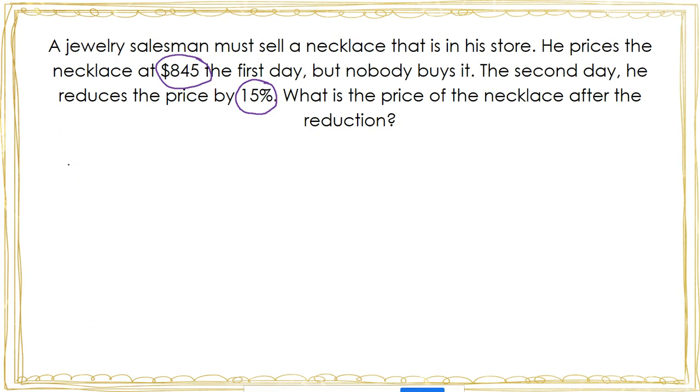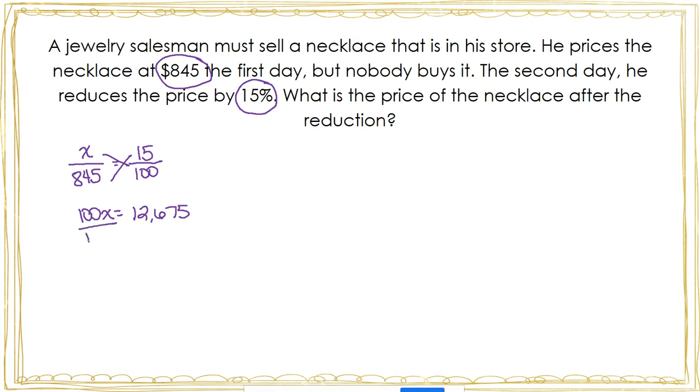So when I use my part over whole equals percent over 100, I know that my percent is 15%, and I know that the whole cost of the necklace was $845. What I don't know is the part that represents that 15%. So now I can cross multiply, and x times 100 is going to give me 100x. 15 times 845 will give me 12,675.